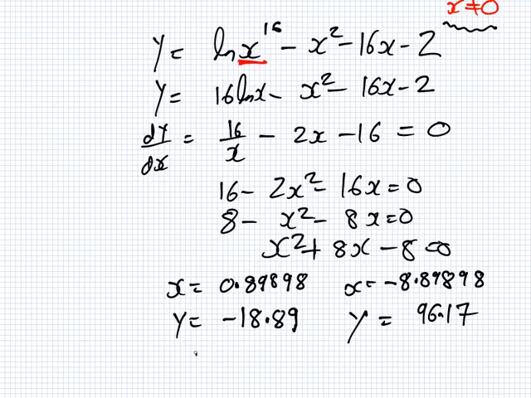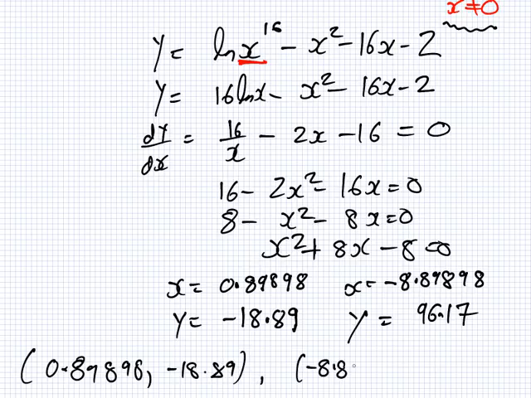So my first turning point is 0.89898, minus 18.89. And my second turning point is minus 8.89898, 96.17.